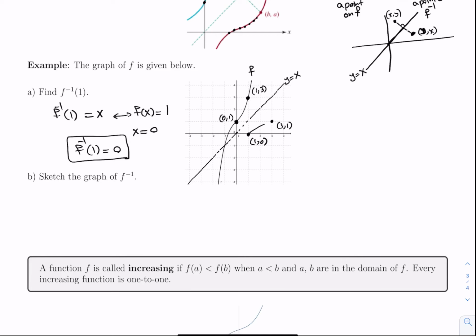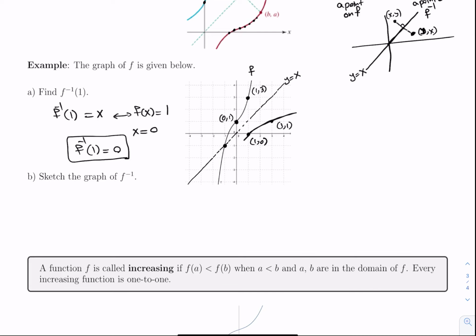You could apply this idea in order to reflect that piece of the graph. Let's use more points. How about this point? Negative 1 and negative 1. Switch x and y. It is still negative 1 and negative 1.